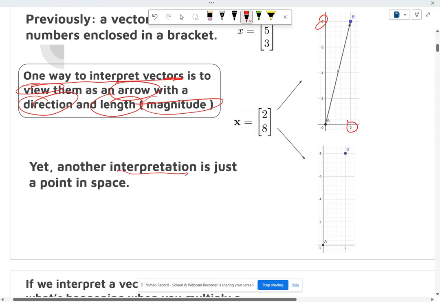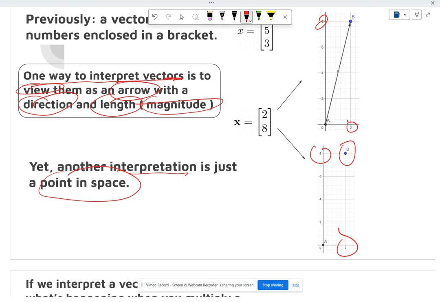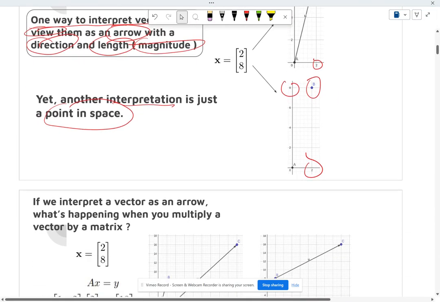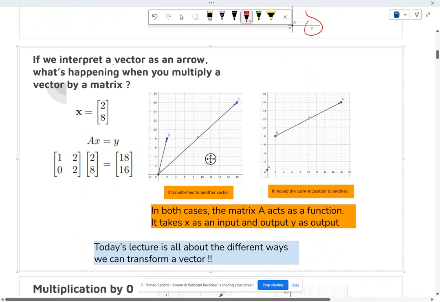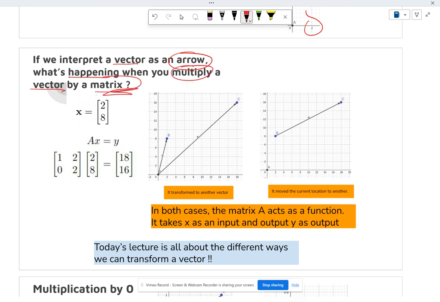Another interpretation is a point in space. You see 2 and 8, instead of an arrow, it's just a point. If we interpret a vector as an arrow, what do you think is happening when you multiply a vector by a matrix? You have this vector, which is what we had, 2 and 8. Now, if we multiply by a matrix, it gives us another vector, 18, 16.